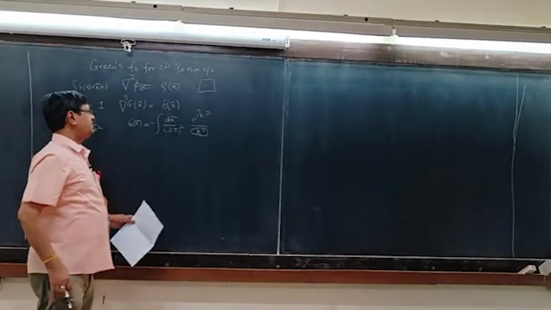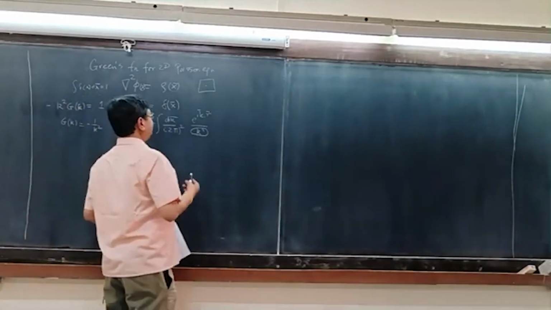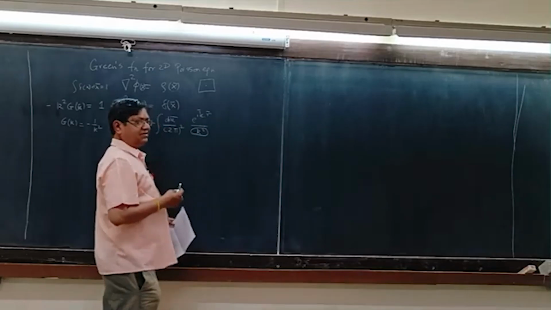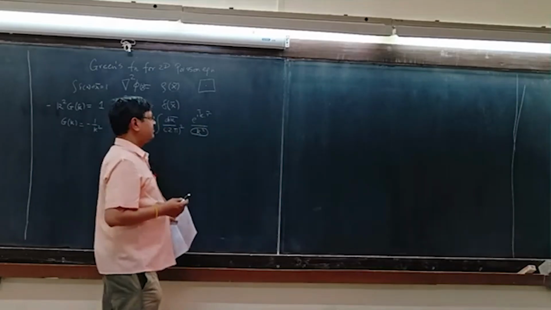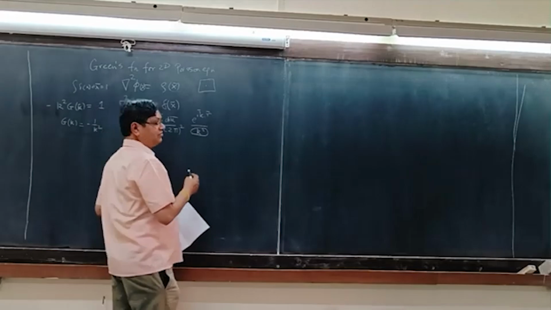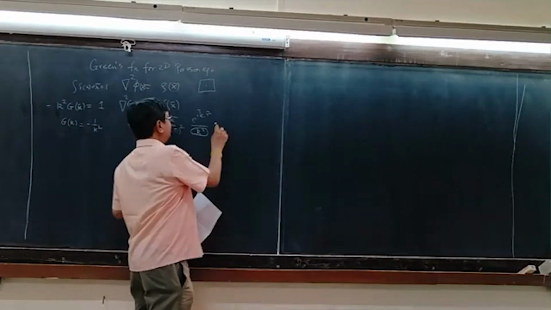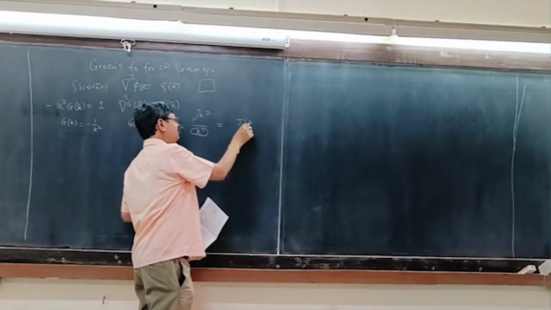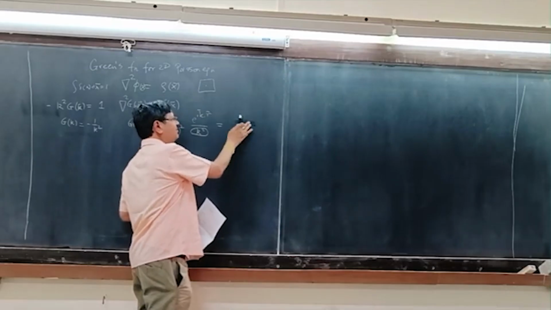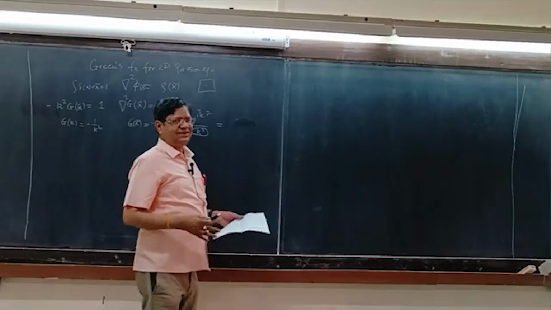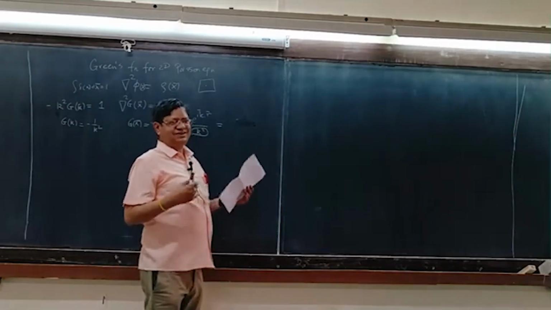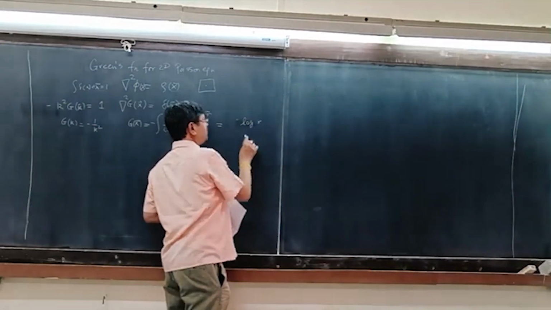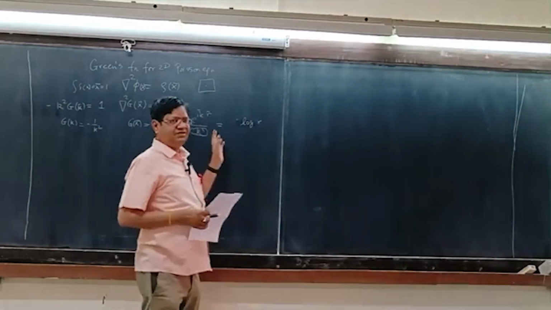We can do this, and the answer is in terms of the Bessel function. But if we do all that algebra, we know the answer is connected to log of r, and is isotropic.